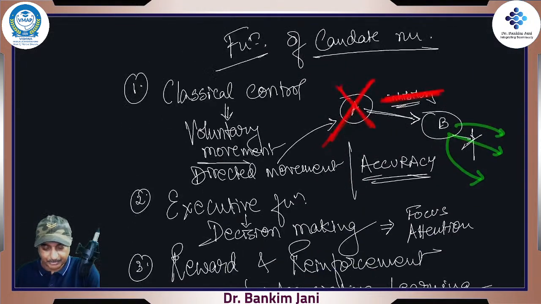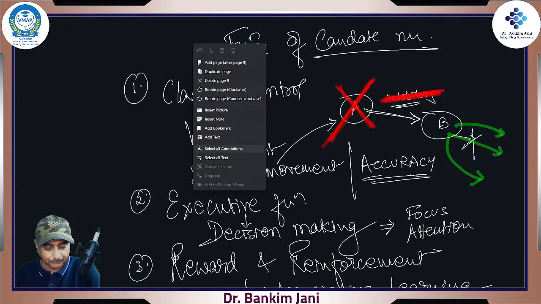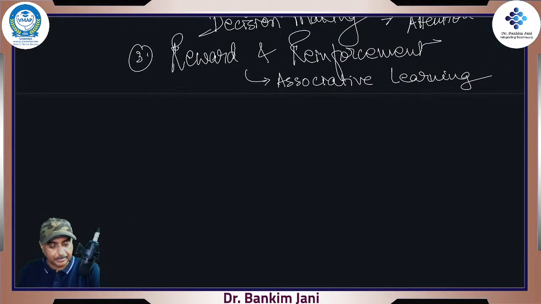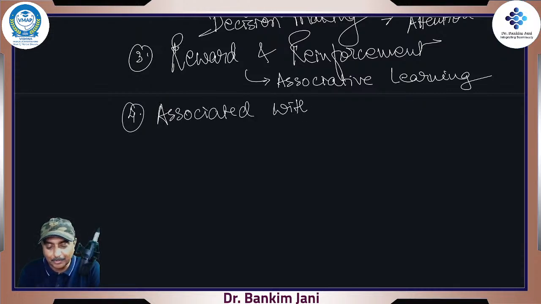The fourth one is associated, or linked, with emotions, right? But this caudate nucleus is very specific. These emotions are not only simple emotions.